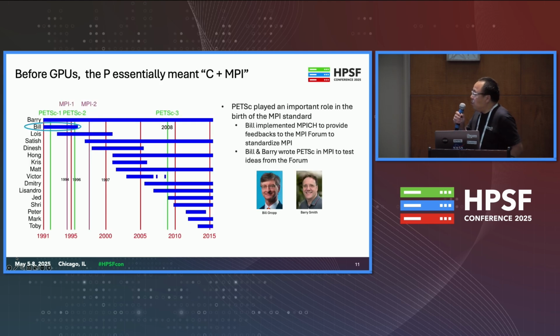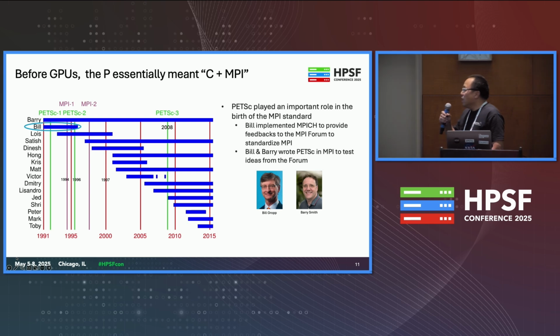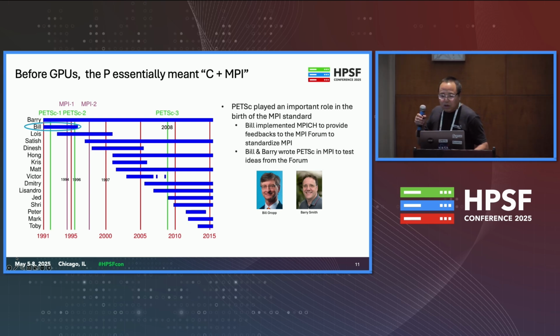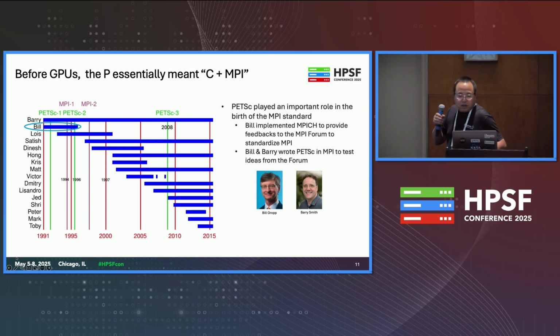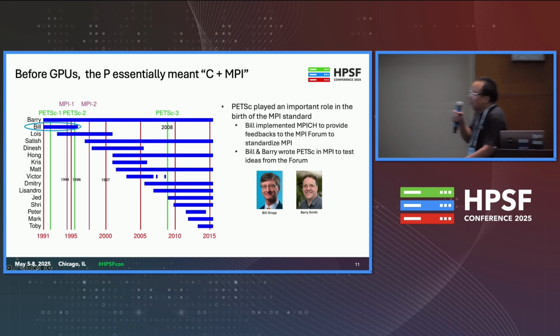But before GPUs, the P in PETSc's portable really meant PETSc was for C and MPI. PETSc played an important role in the birth of MPI. In this diagram, we show PETSc developers and the PETSc and MPI releases.